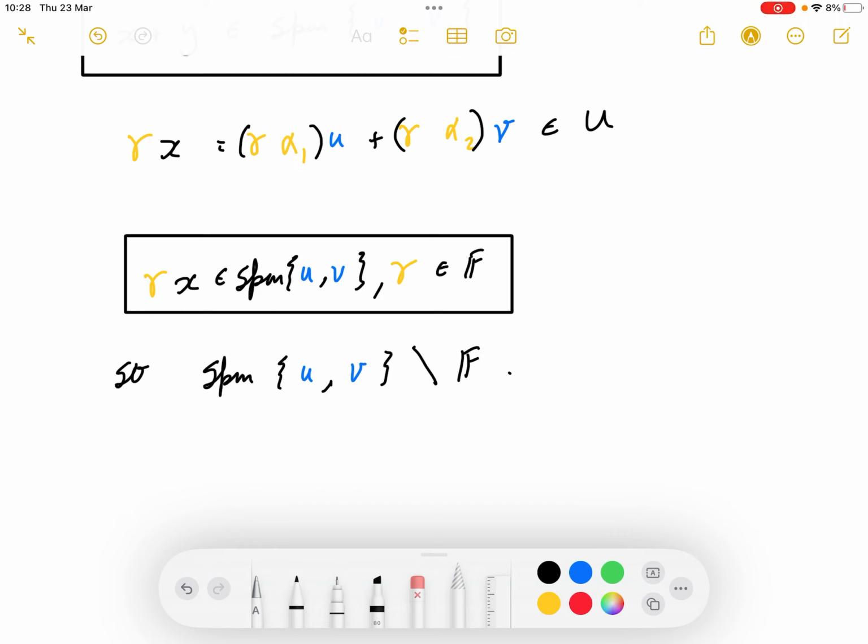So I hope in this video you've understood what we mean by a subspace, and that the span is a subspace.